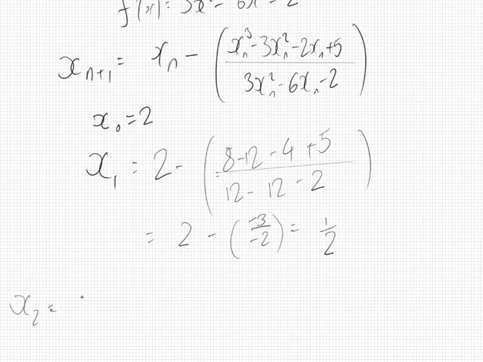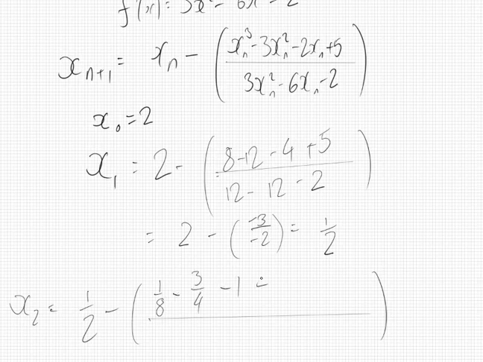x2 equals a half minus 1 over 8 minus 3 over 4 minus 1 plus 5 over 3 over 4 minus 3 minus 2. So whatever that equals to, and then we get our answer.